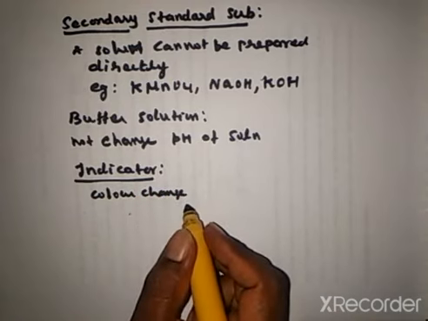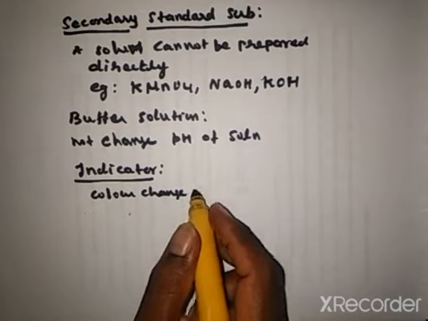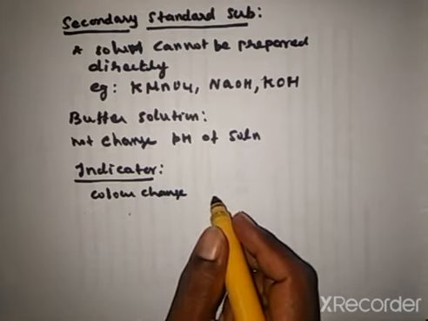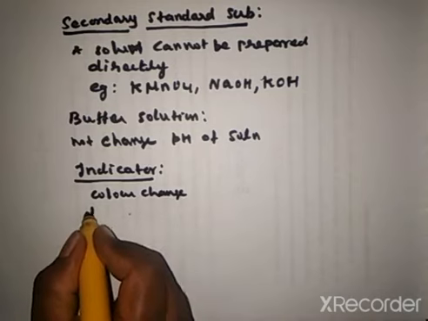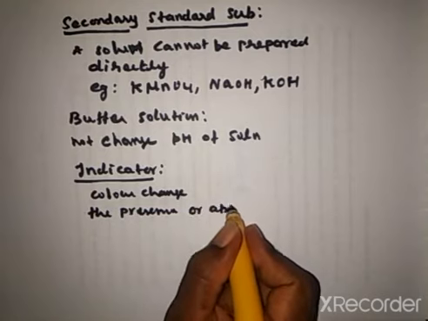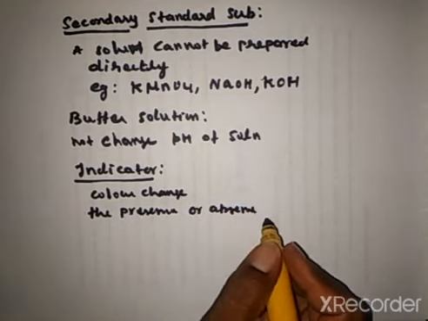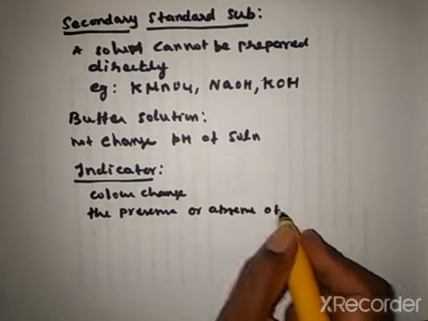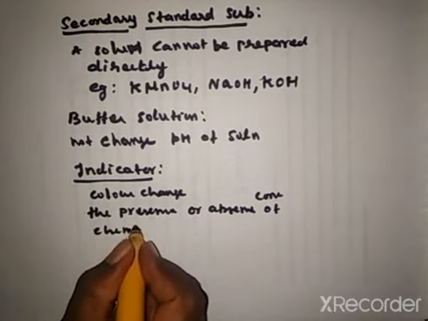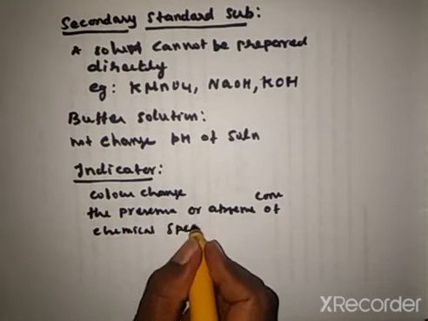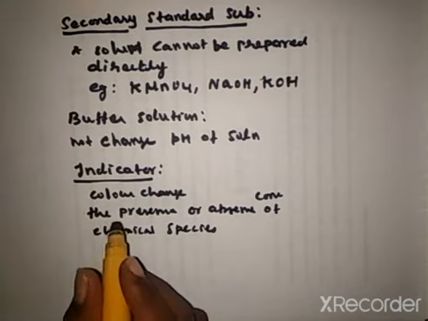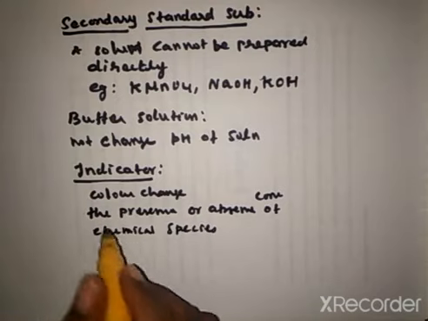So from the color change we can find whether the chemical species is present or absent. For that we can use the indicator.